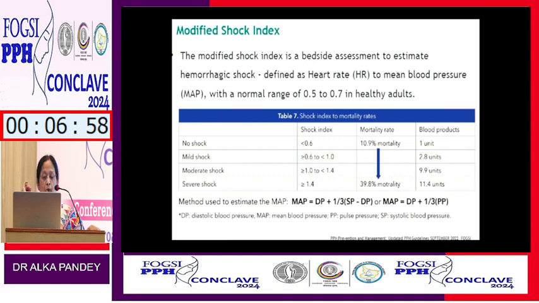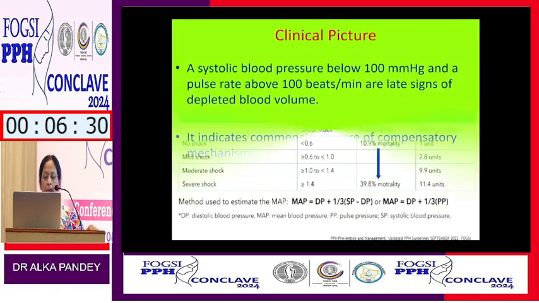The modified shock index is a bedside assessment to estimate hemorrhagic shock, defined as heart rate to mean blood pressure, with a normal range of 0.5 to 0.7 in healthy adults. So, when the modified shock index is more than 1.4, this is a very dangerous situation, and this denotes that the patient is in severe shock.